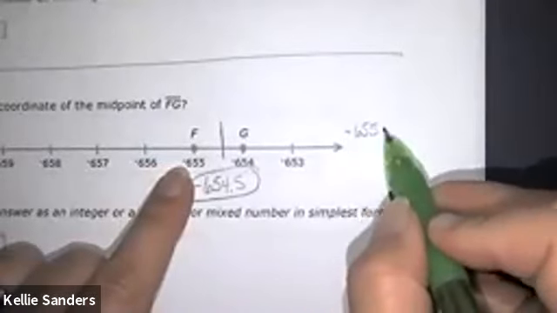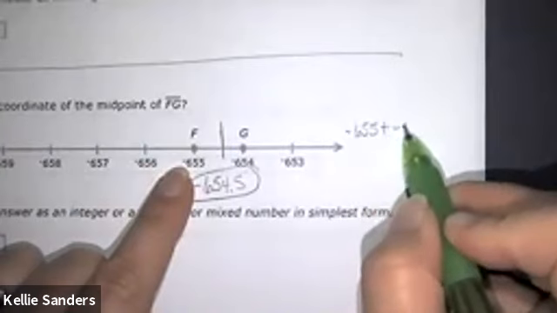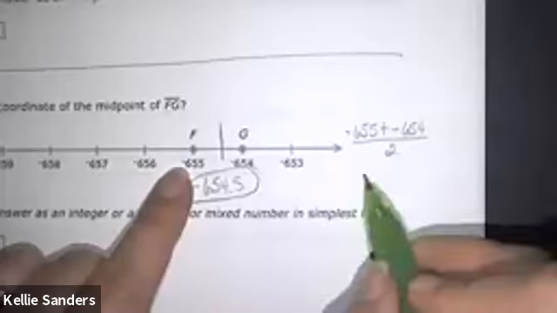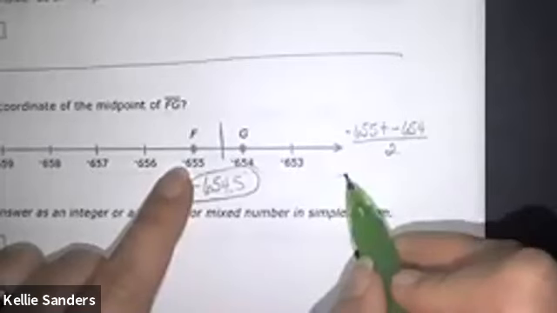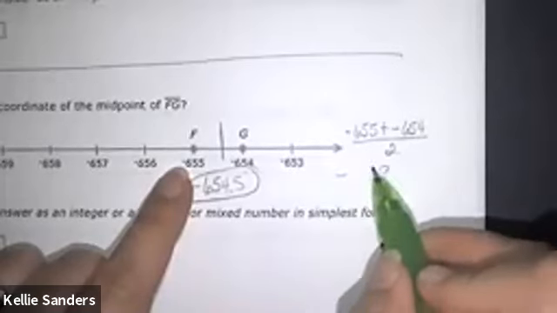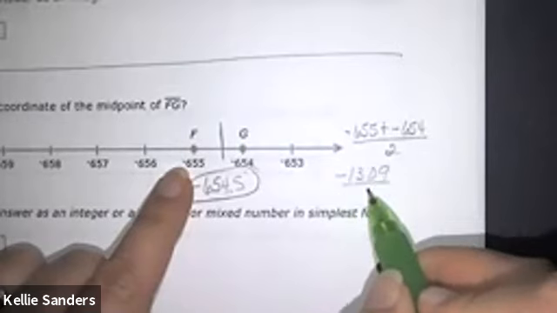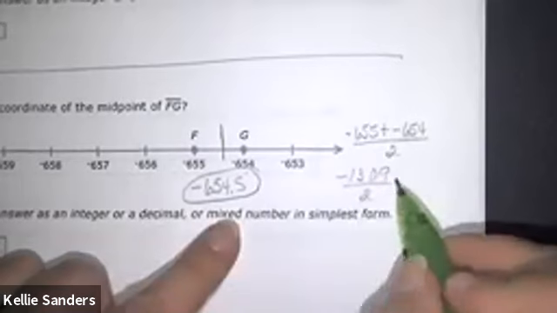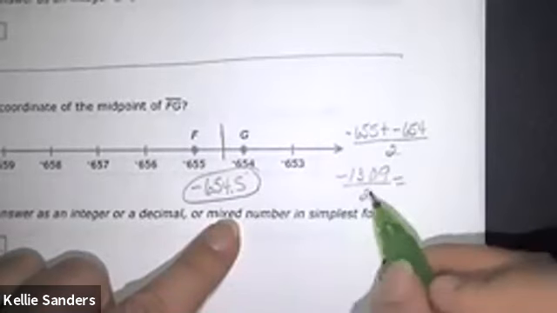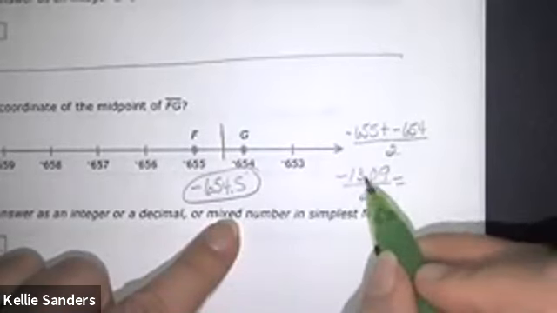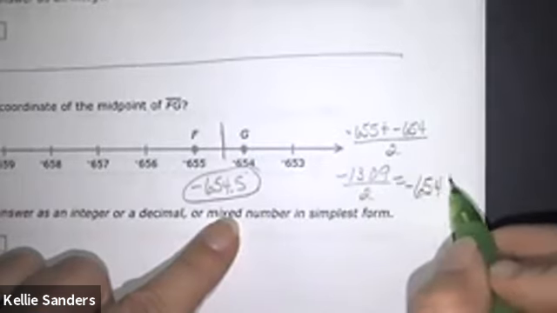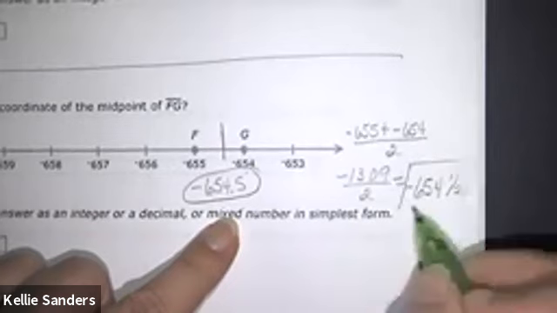Negative 655 plus negative 654 divided by 2 would be negative 1309 divided by 2. Then you'd ask yourself, 2 goes into 1309, 654 times, with 1 left over.